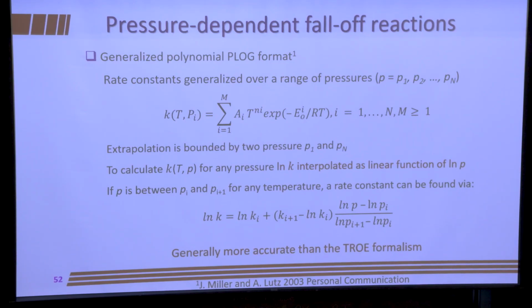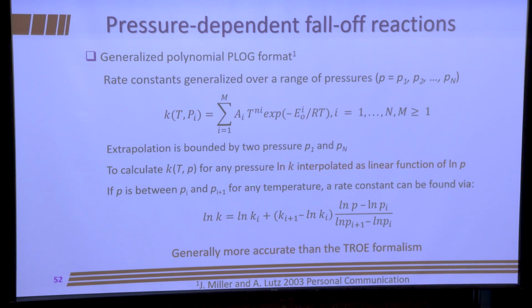You say the log of the rate constant is the log of the lower-pressure rate constant, plus the log of the rate constant at the higher pressure minus the log of the rate constant at the lower pressure, times the log of the pressure you're looking for minus the log of the lower pressure, divided by the log of the higher pressure minus the log of the lower pressure.